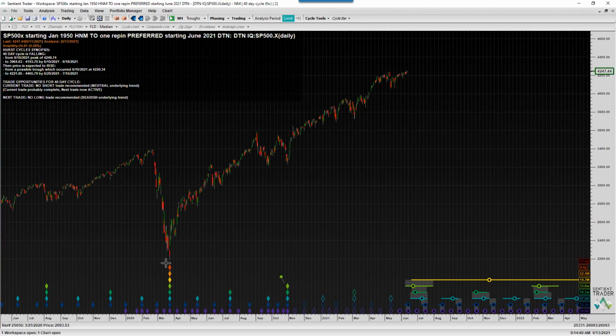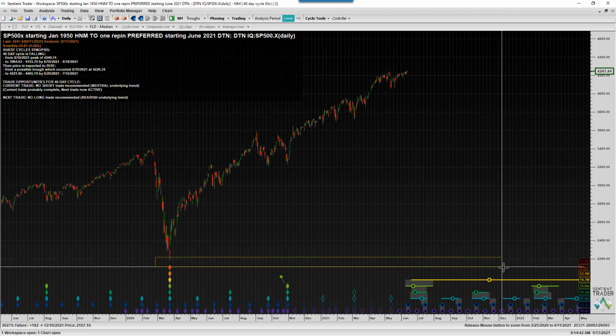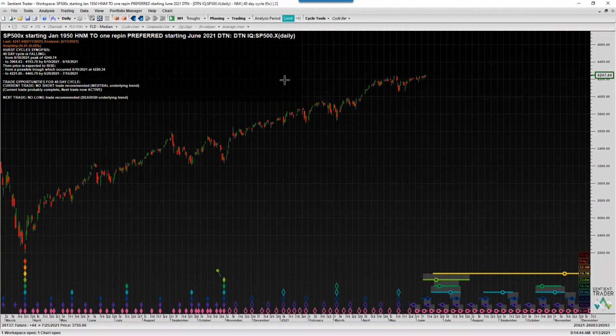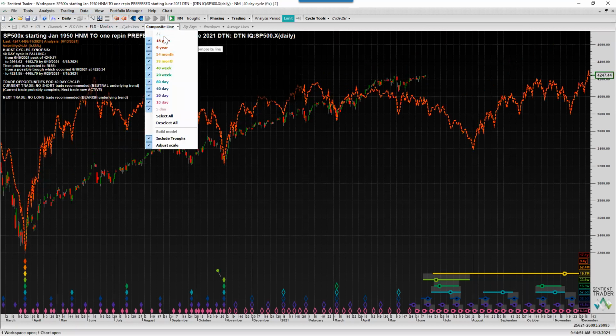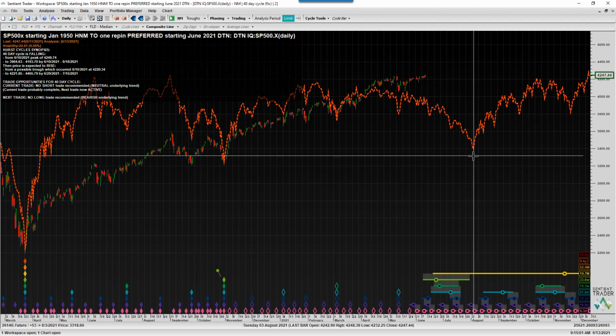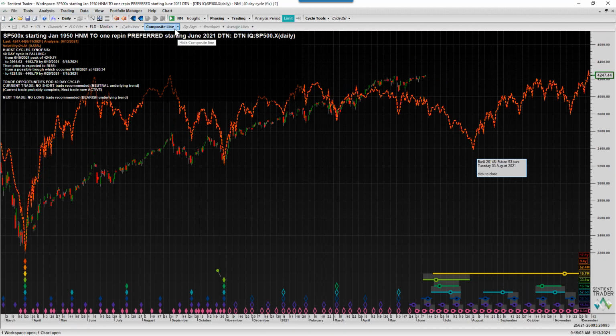Yeah, and a comment came in, can you turn on the composite line? Yeah, and there's the composite line that includes everything, including the sigma L. Now, if we don't include the sigma L, you can see it's been expecting a peak, and it's been expecting this move down through about August 3.